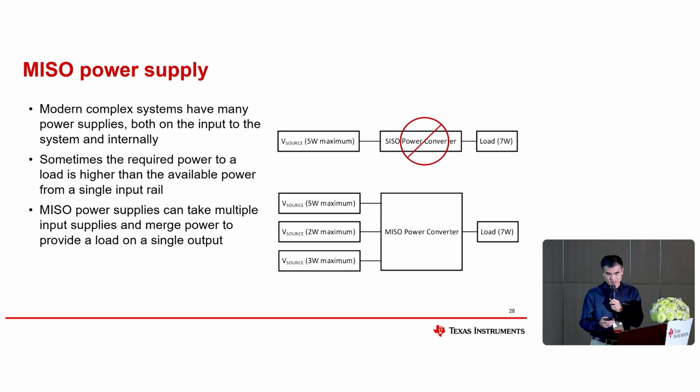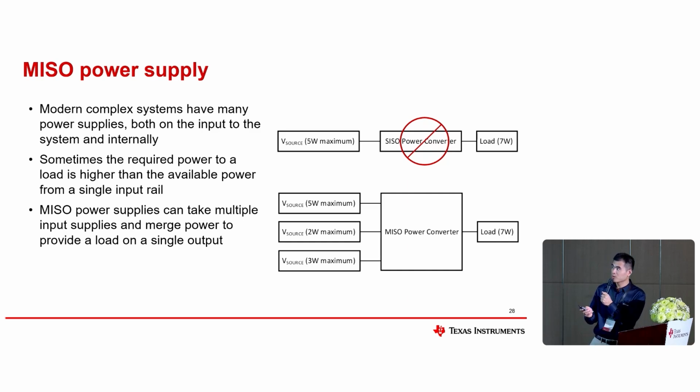Another case is when the input source cannot provide enough current to your load. Fortunately, you can use different voltage sources. Here you can see different sources, maybe one source only powering 5 volts and the other 2 volts.